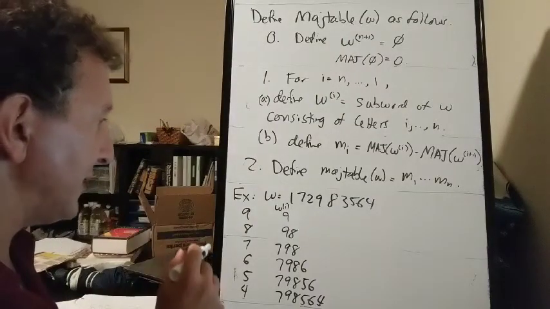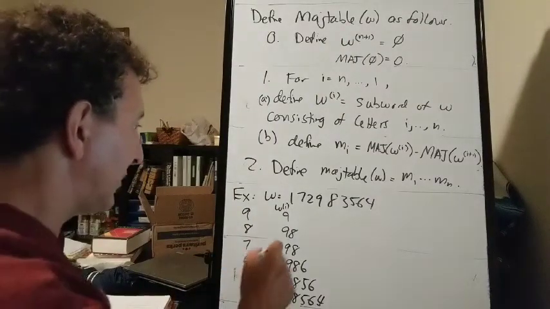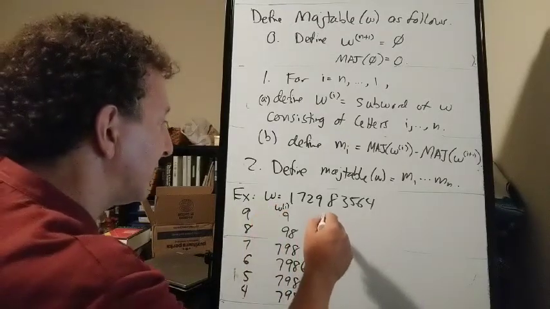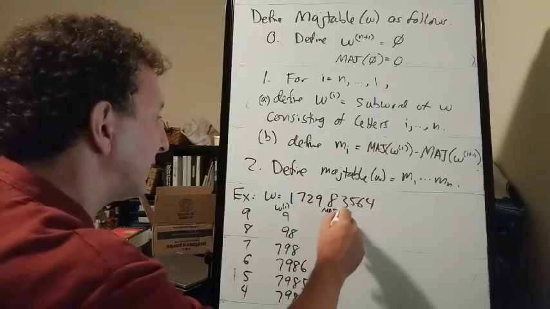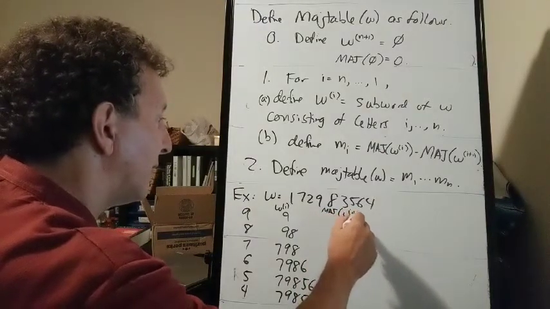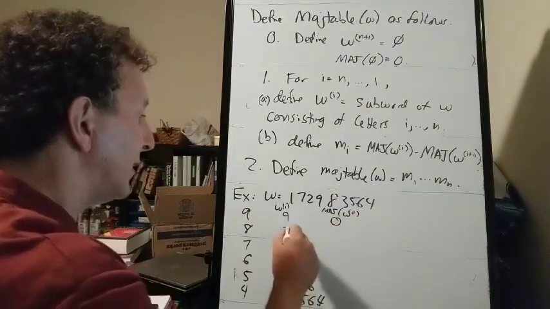And then we'll look at the major index of each of these words. No descents, so the major index of Wi is 0.